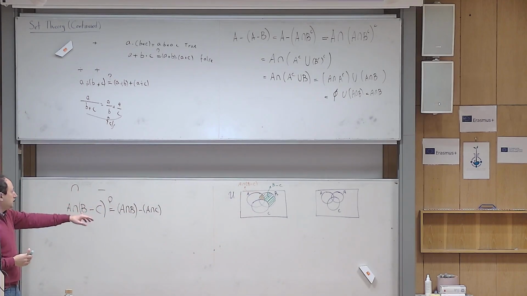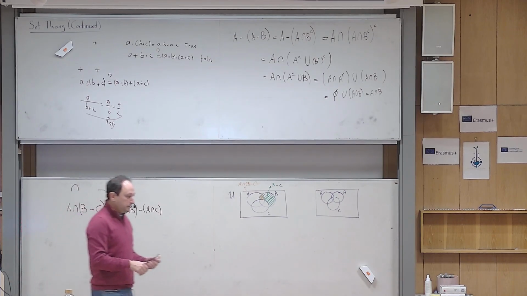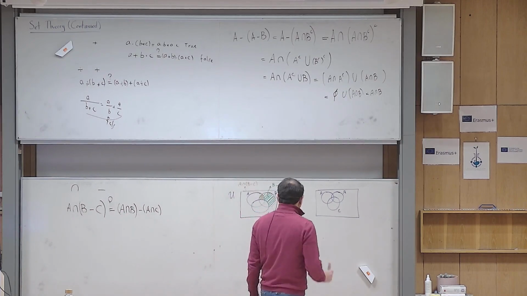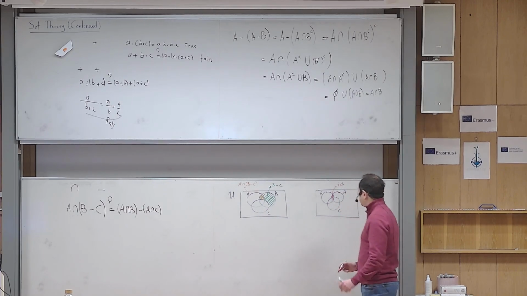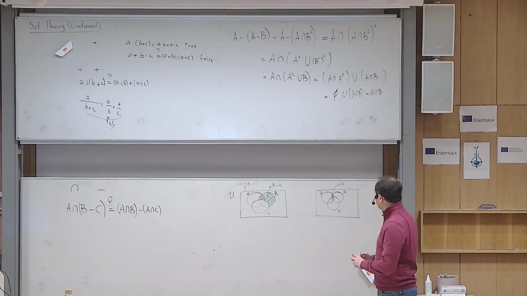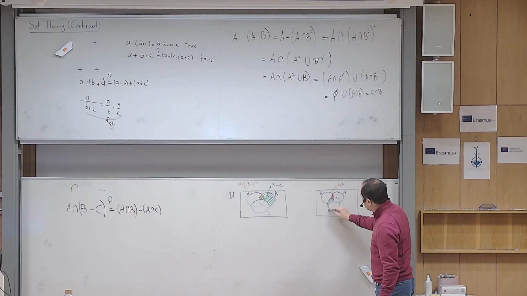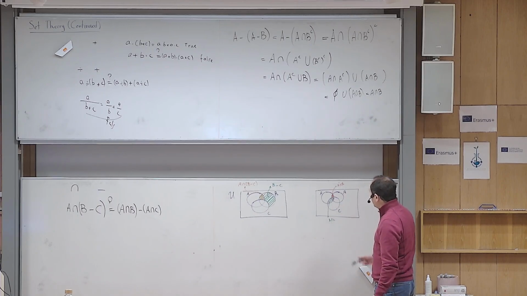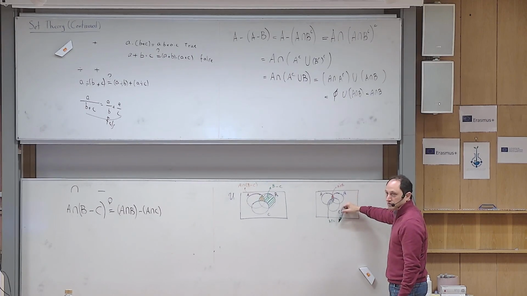But now let us go to this one and try to understand this. A intersection B is the overlap between A and B. So this is A intersection B. And I don't know how to draw it. The other one is A intersection C. This is A intersection C. But now I am interested in red regions that are not in green regions.